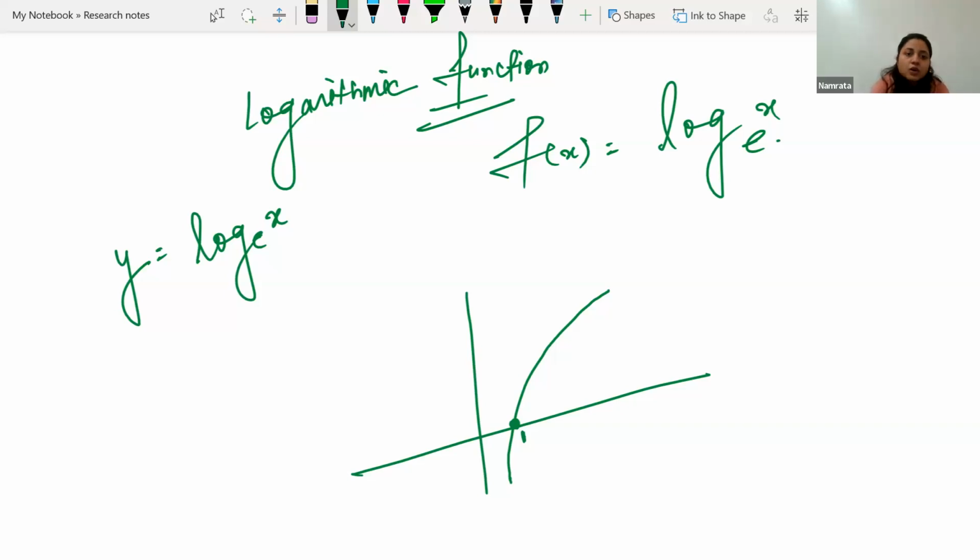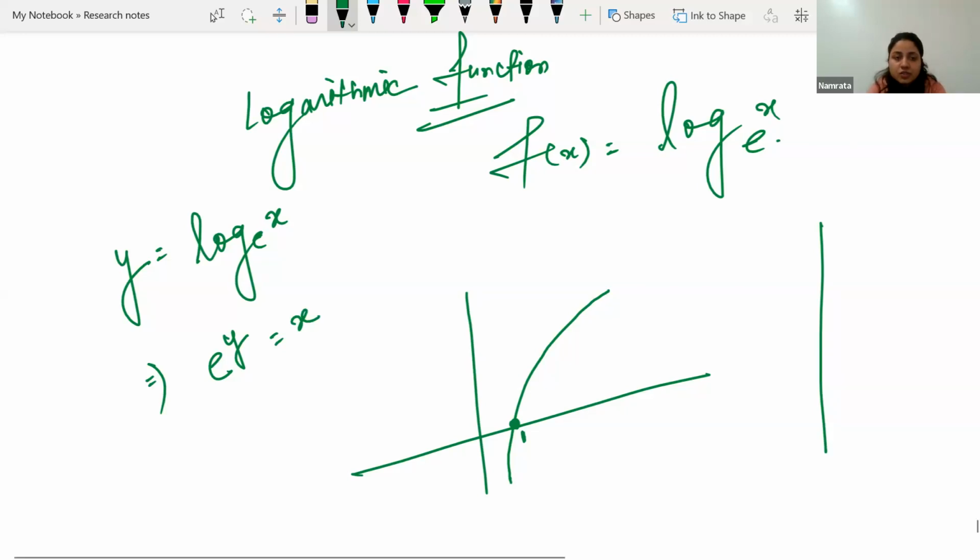Yes, from here also we will be able to understand. Otherwise, I'll take one example. If we convert it to exponential form, can I write e to the power y equals x? Can I write it like this? We are just changing logarithmic to exponential form.